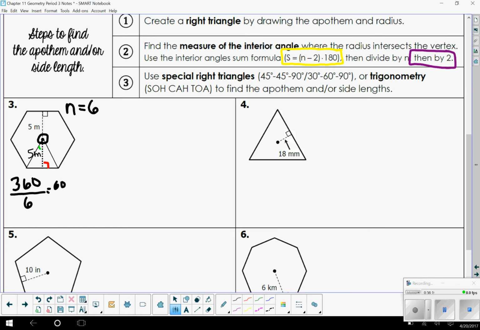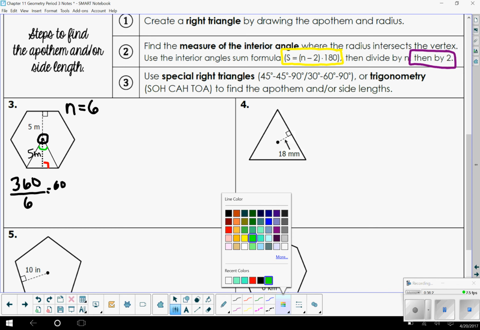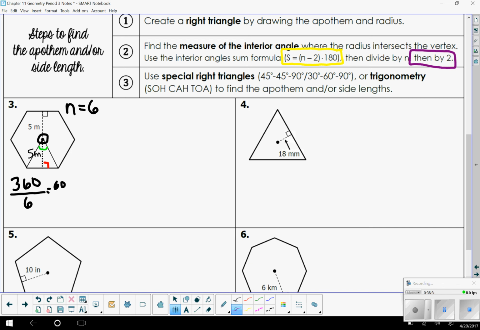This entire triangle. The 60 goes to that entire angle. I only want this one.